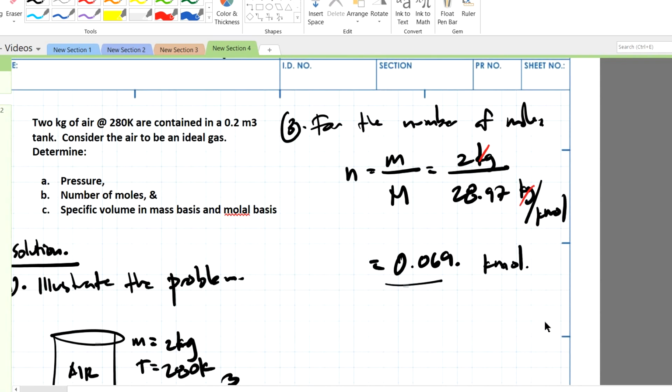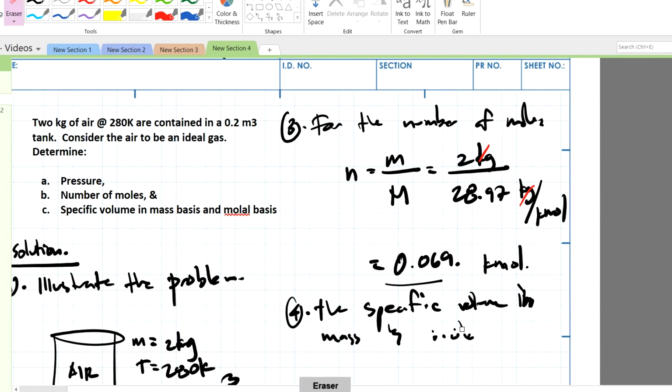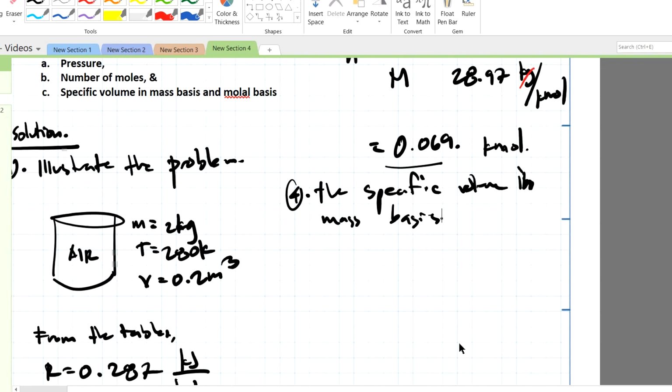Okay, the next is the specific volume in mass basis and molar basis. In mass basis first, the specific volume v is just equal to the total volume divided by mass.